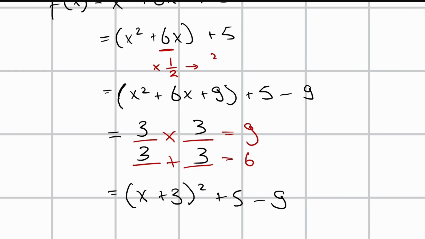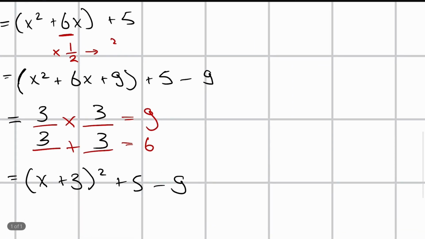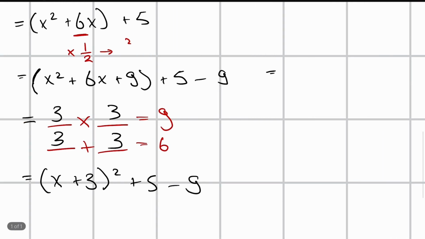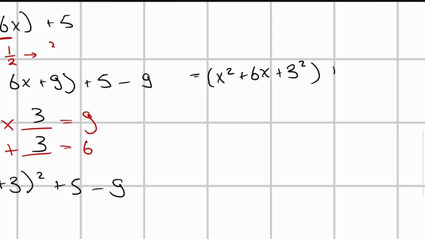Now, there's a different way you can go about this, which I will do on the side here. Instead of doing the whole process of multiplying by half and squaring it all in one go, you could do it like this. You could do x squared plus 6x plus 3 squared, because half of 6 is 3, plus 5 minus 3 squared.